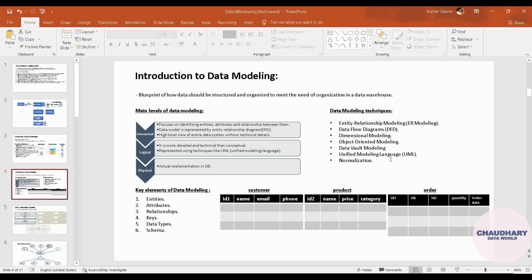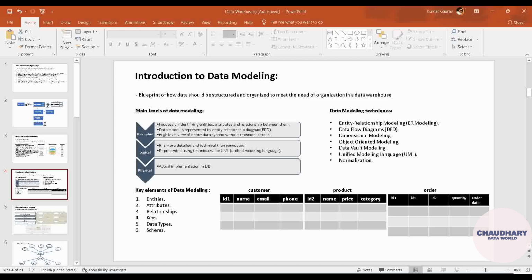This particular one, unified modeling language, is not a modeling concept, but it's something very useful, which has many features with which we can handle or represent our whole system, that is a data warehousing system, or you may say it's generally used in software engineering, but we will be looking here at how it is used in data warehousing as well. After that, the last one, normalization, which I will cover in the next video maybe.